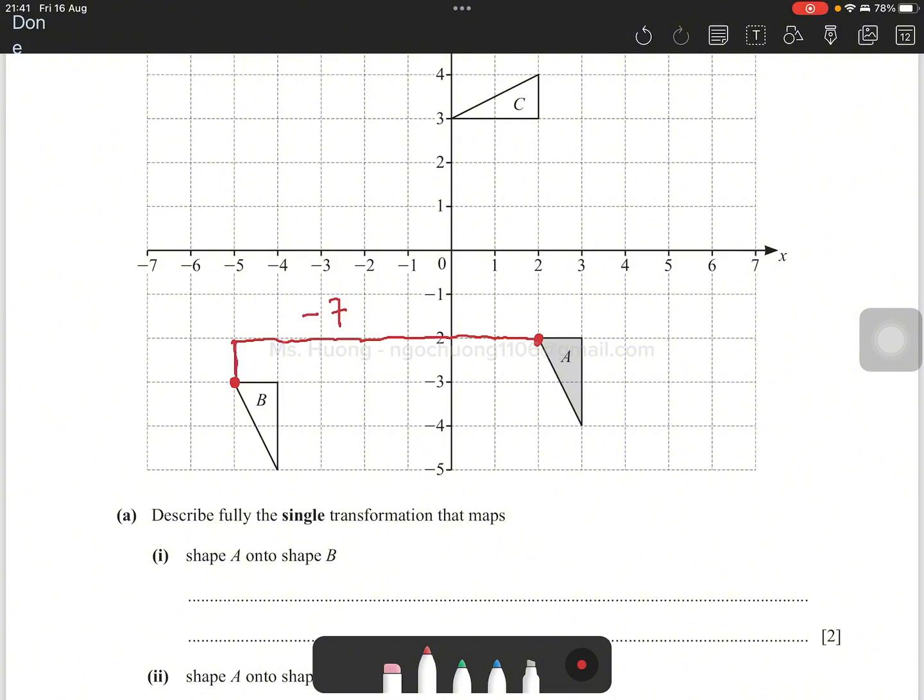And 1 unit down, which means -1 for y. So the transformation is translation by the vector -7, -1.